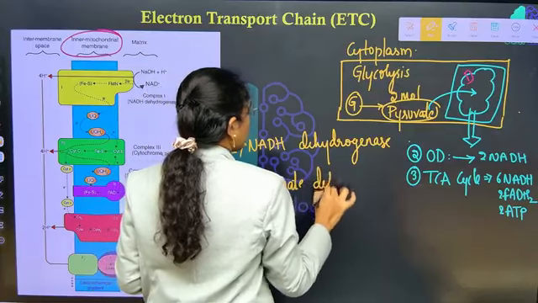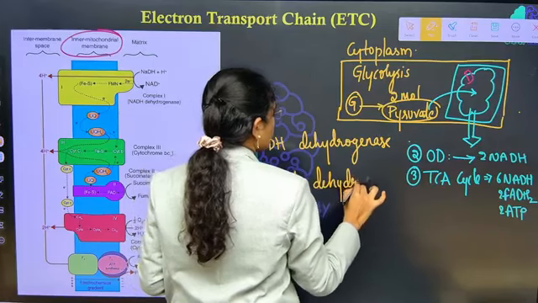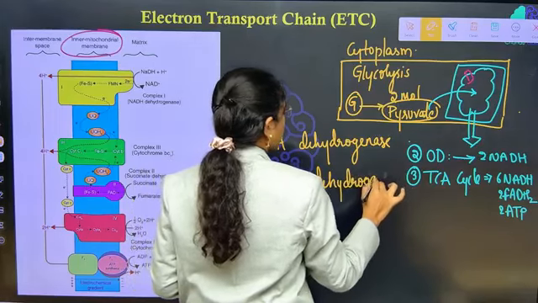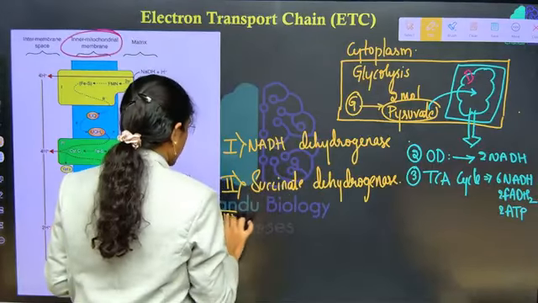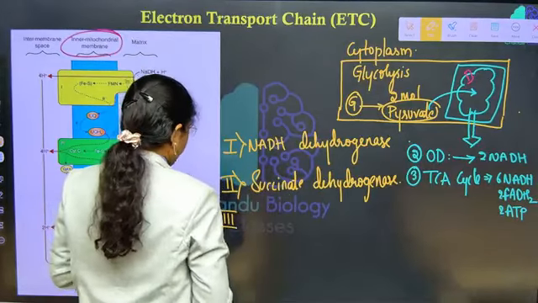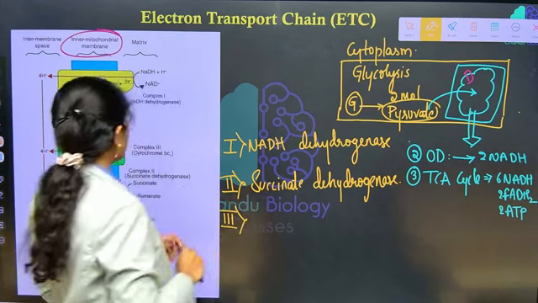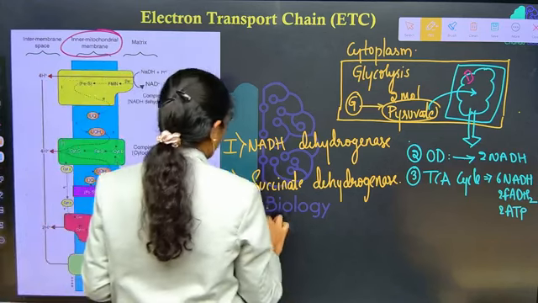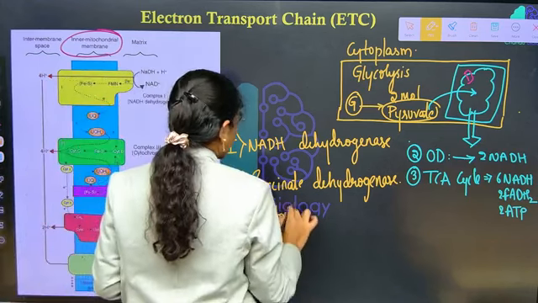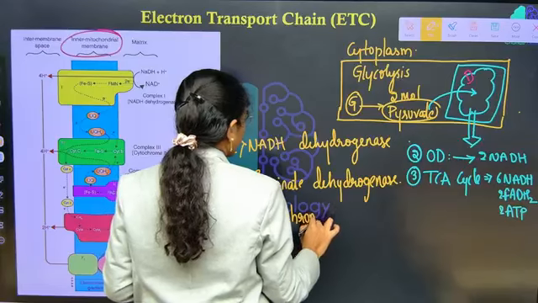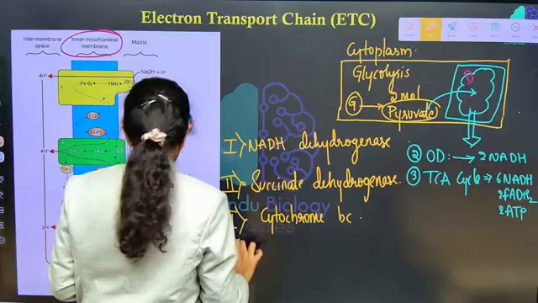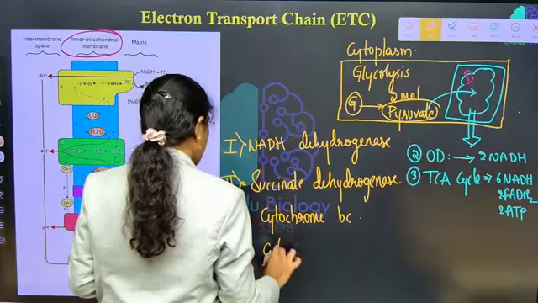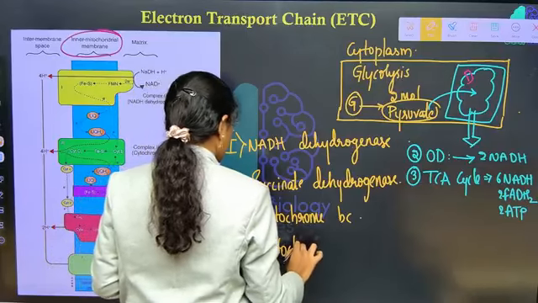Third, complex 3 is cytochrome BC complex. Complex 4 is cytochrome C oxidase.